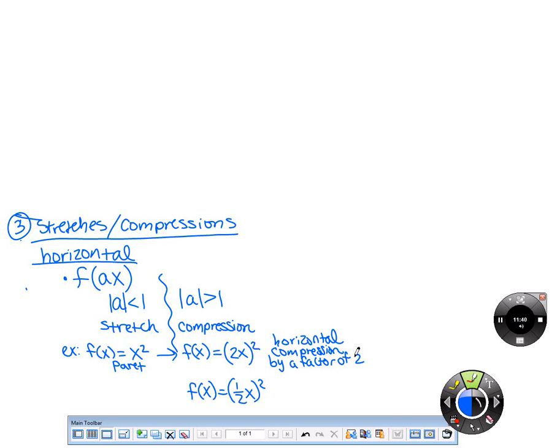Somebody explain to me if we make this change here. If we go from our parent to this graph, f of x equals 1/2 x all being squared. How would you list the transformations that are occurring there? Anna? Horizontal stretch by the factor of 1. Good. Okay.